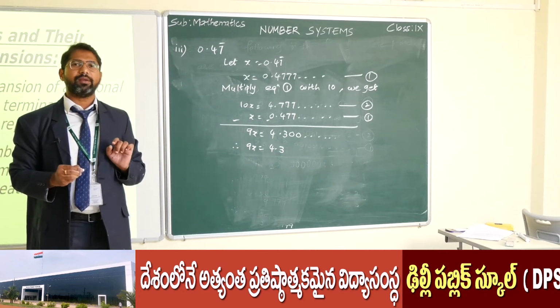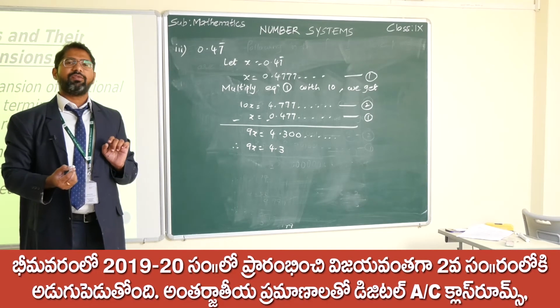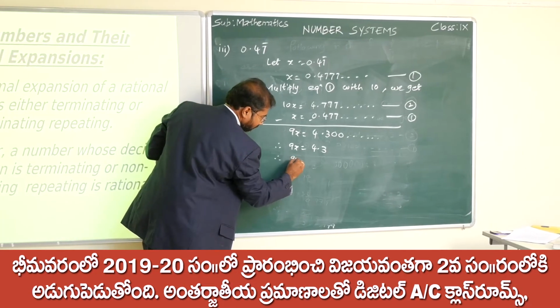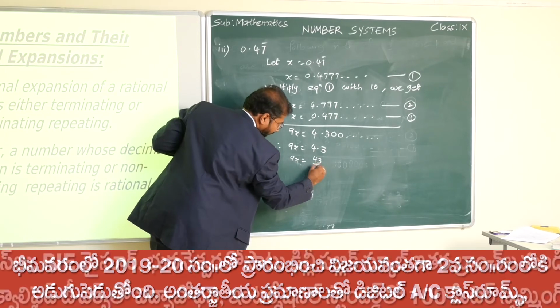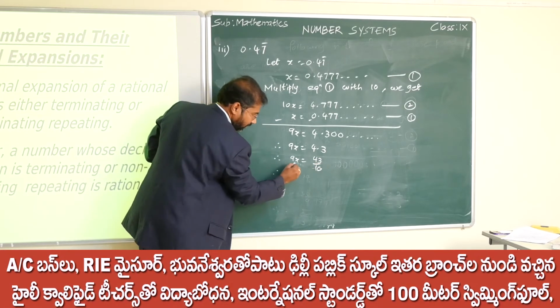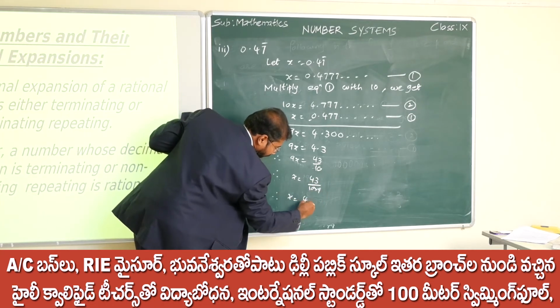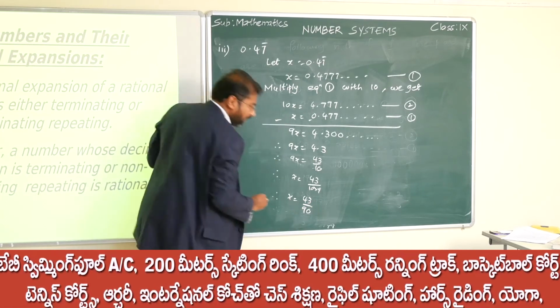4.3 I can write in rational form or fraction form as 43 by 10. Therefore now x becomes 43 by 10 into 9. Therefore x is equal to 43 by 90.